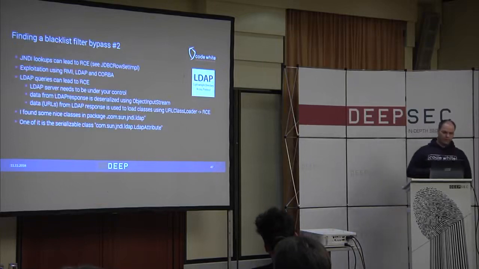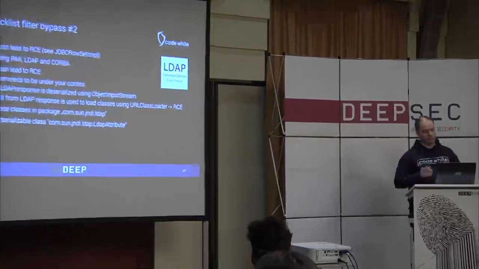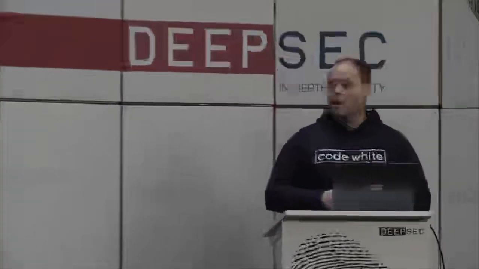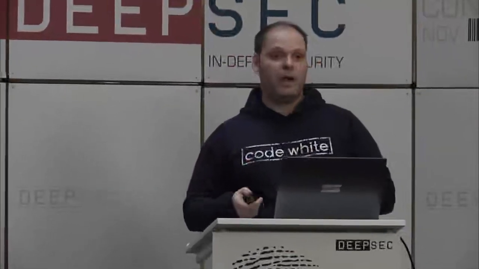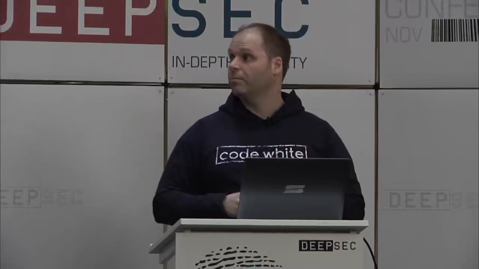What they presented there was that JNDI lookups can lead to remote code execution. We already know that because of the JdbcRowSetImpl InitialContext.lookup trick. You can exploit it with RMI, but you can also exploit it with LDAP URLs. Not RMI URLs, but LDAP URLs and CORBA URLs.